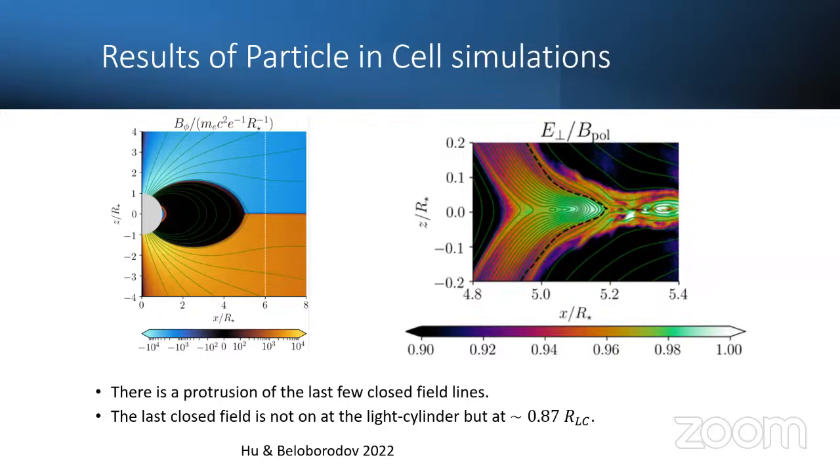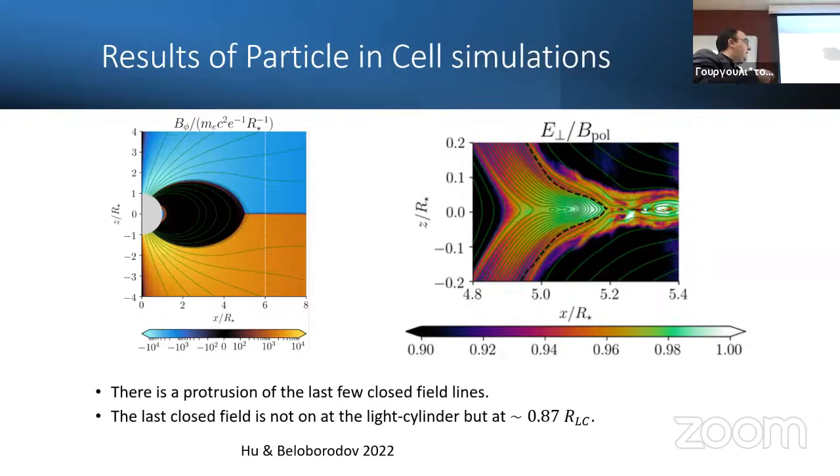The reason this is happening is because at the orange field lines, we have a B phi component that disappears. So because the system wants to be in some pressure equilibrium, it's trying to compensate by having a stronger poloidal field just at the interior. But still the question is why the particle-in-cell simulations find the last closed field line not at the light cylinder, but at 0.87 of the light cylinder, and the current sheet is still open.